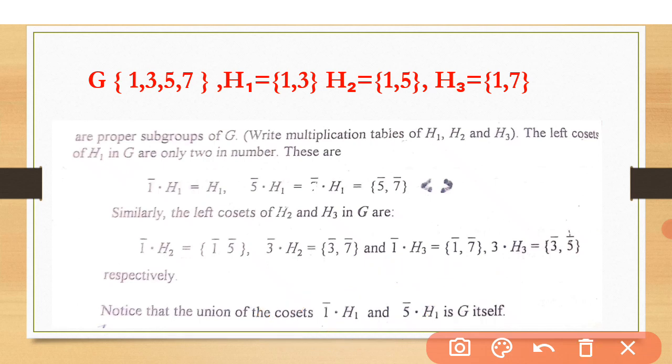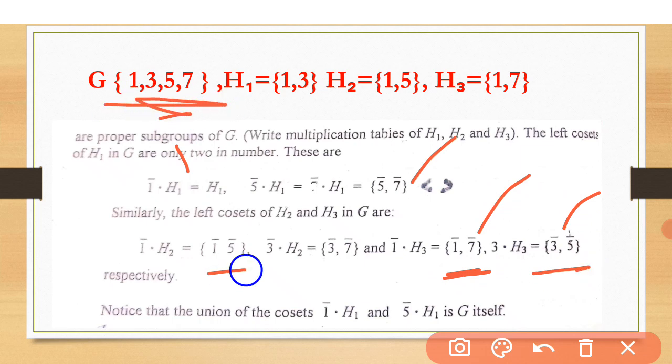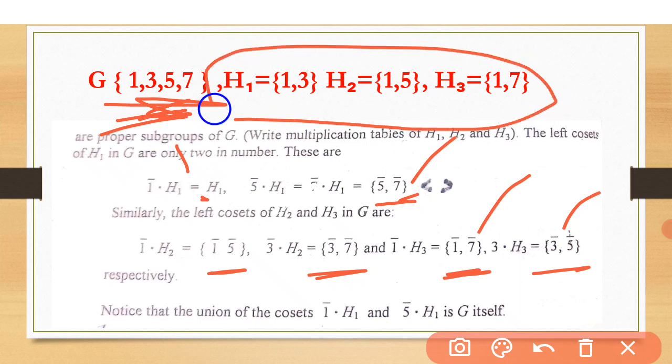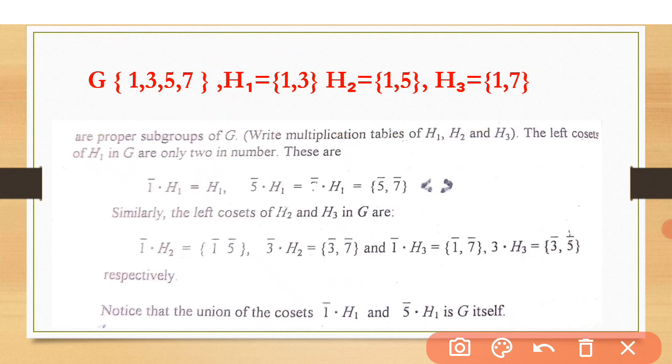Take the union of any two cosets: the union of 1, 7 and 3, 5 makes complete G. Union of 1, 5 and 3, 7 makes complete G. Union of 1, 3 and 5, 7 makes complete G. It means that all these cosets make a partition of G. The word used here is partition of G. About partition, our next lecture will be about partition of G.